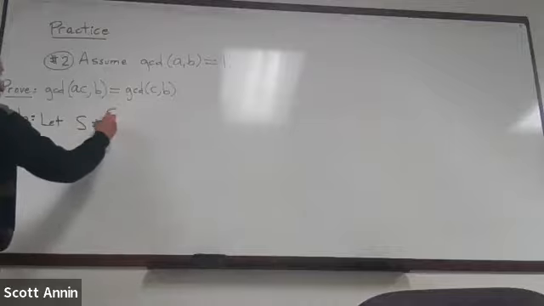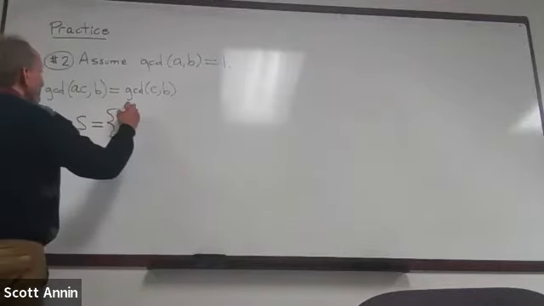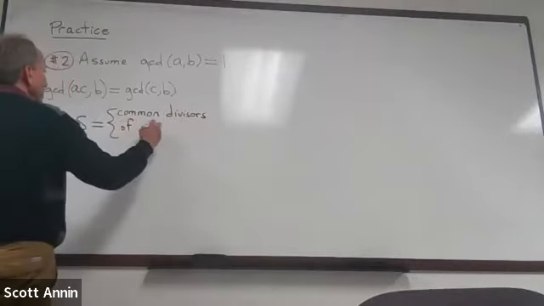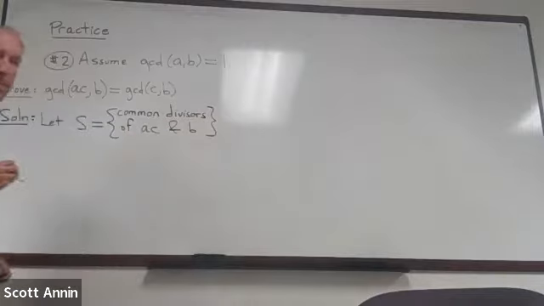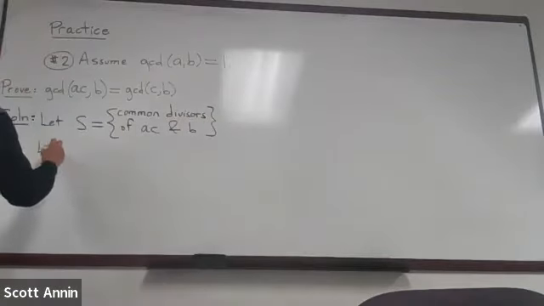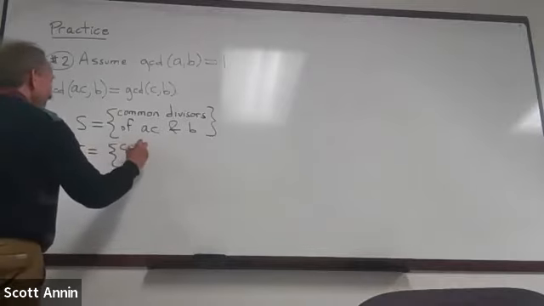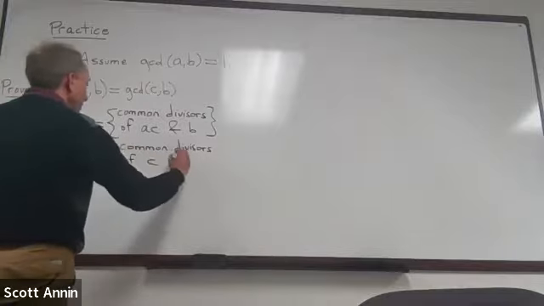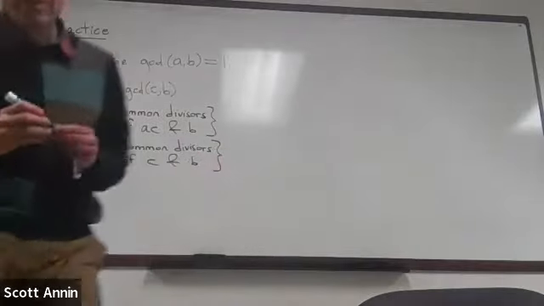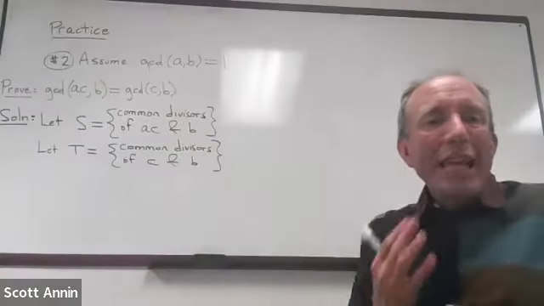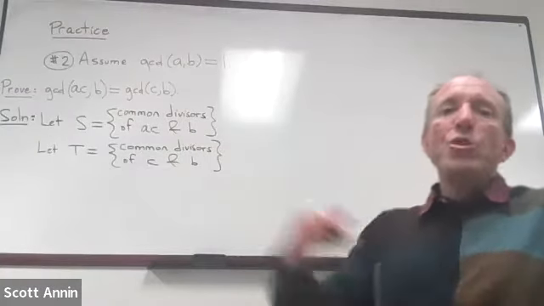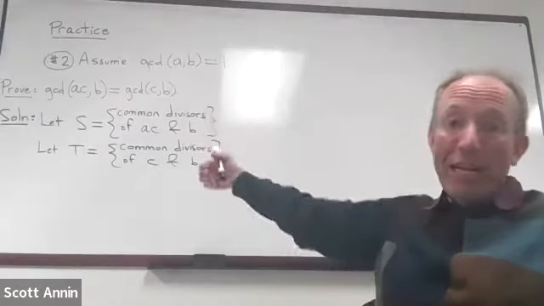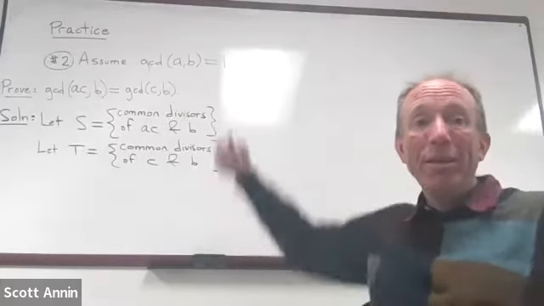I'm going to let S be the set of common divisors of AC and B. And then I'm going to let T be the set of common divisors of C and B. If I can show that these two sets are the same, then the greatest element of S is going to be the same as the greatest element of T, which is actually what we're proving.